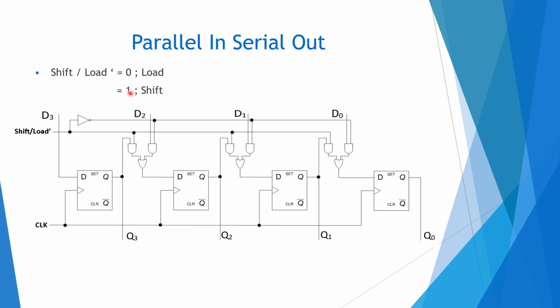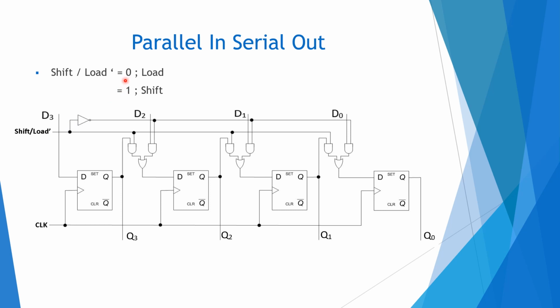When the binary value is 1 at this end, we will be shifting the data. The output of the first flip-flop is connected to this input of the second, and it goes on like this. That is the shift logic.